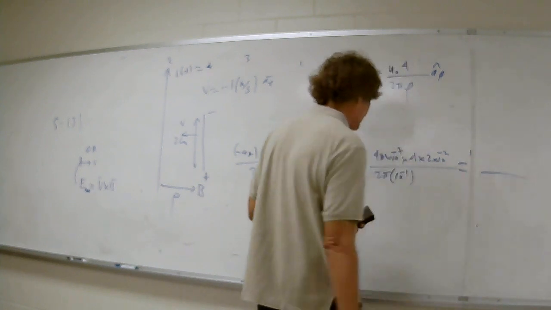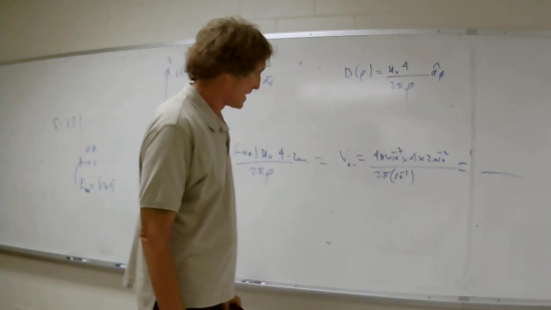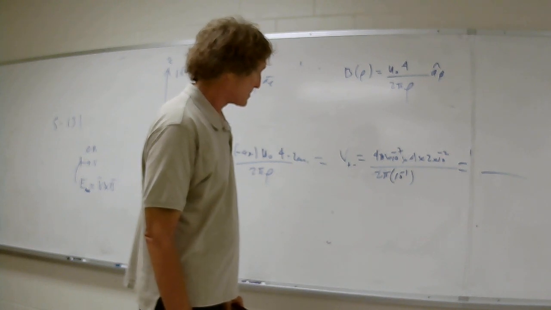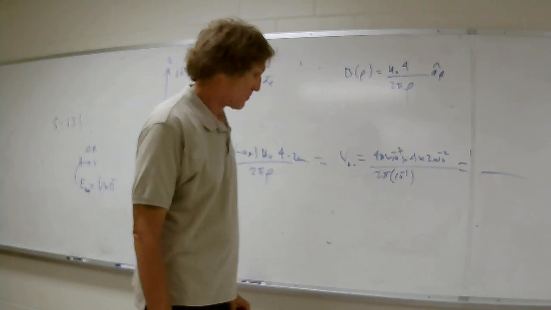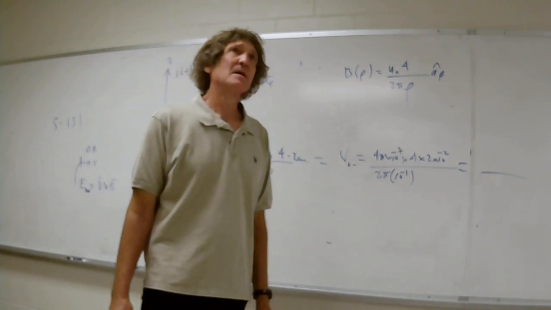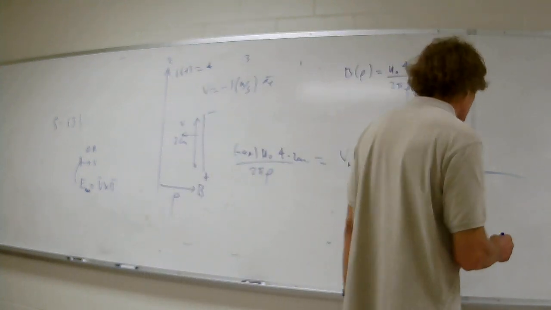The 2 pi and 4 pi give you 2 on top. 2 times 2 is 4, times 4 is 16. Then you have minus 6 minus 2, so we get 16 times 10 to the minus 8. What is the answer? 160 nanovolts.